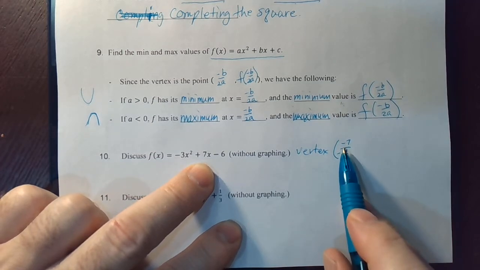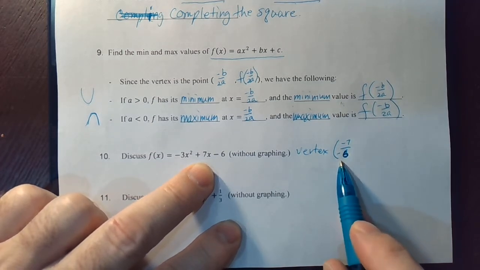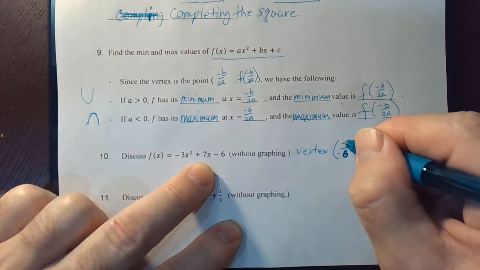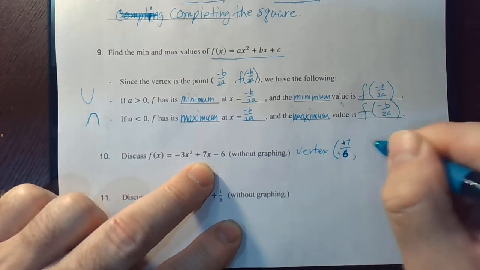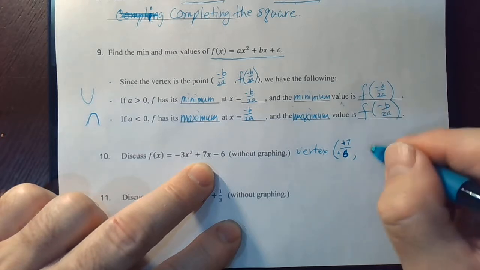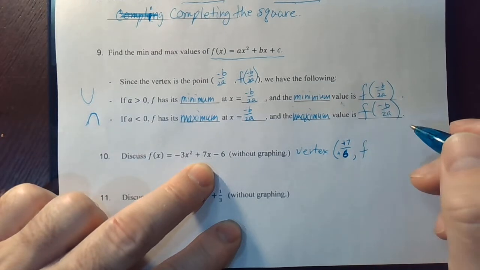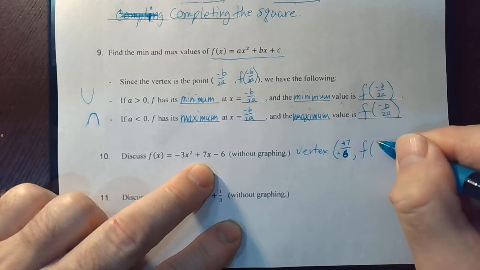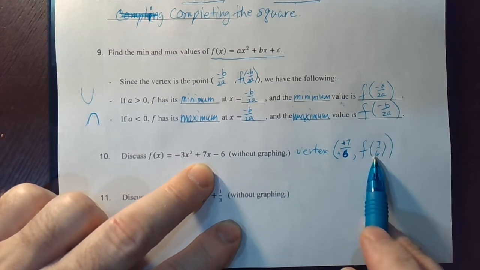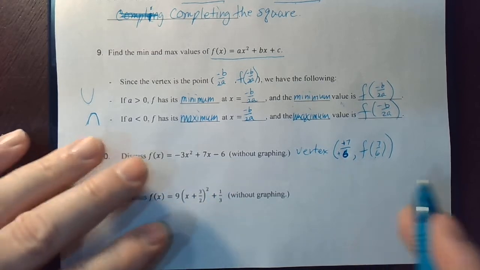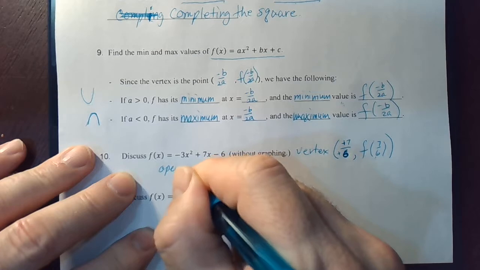So since it's negative 7 over negative 6, I'm just going to put a plus sign there because negative over negative is positive. And then I am not going to plug it in. I'll let you do that if you like. F of 7 over 6 would be the y value of the vertex. Okay? And it opens downward.